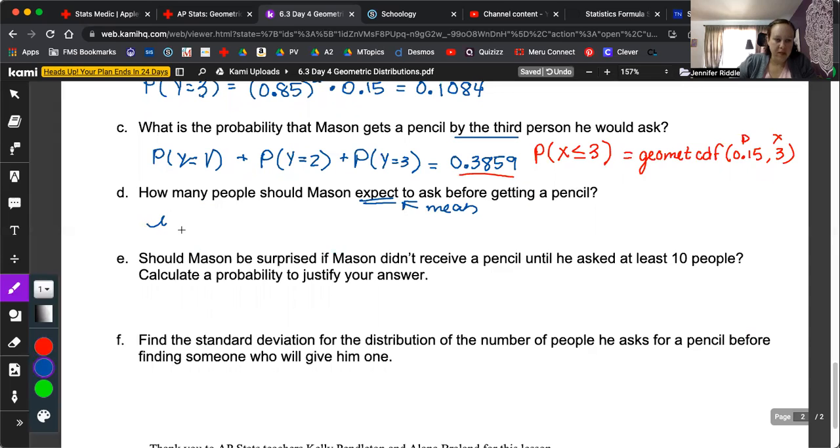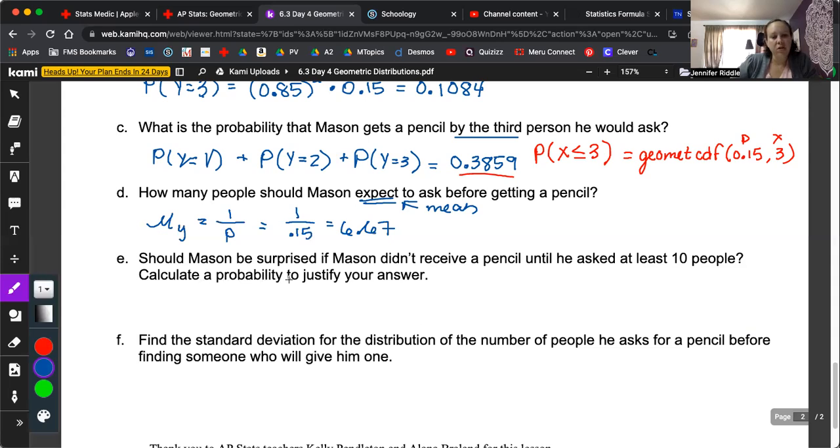For a geometric distribution, the mean of y is equal to 1 over the probability. In our case, that's 1 over 0.15, which is 6.67. So Mason should expect to have to ask 6.67 people before he gets a pencil.